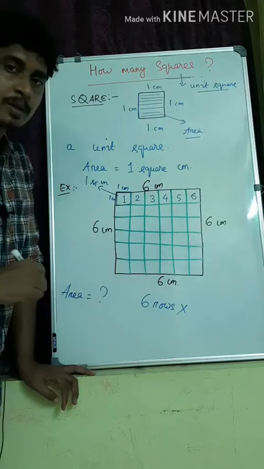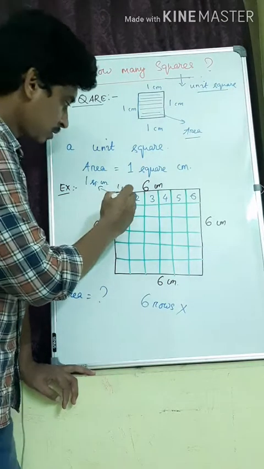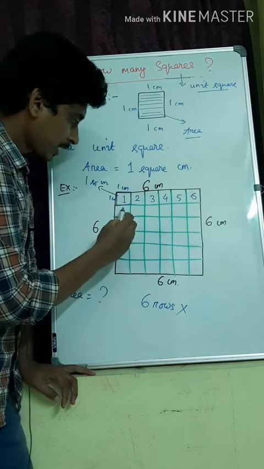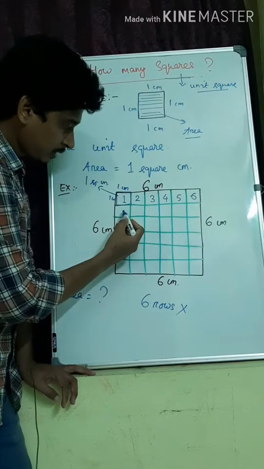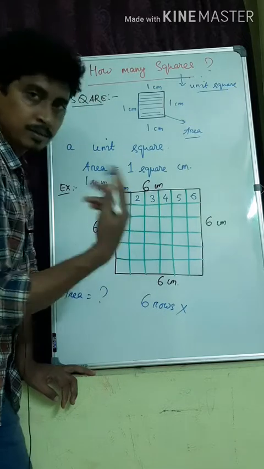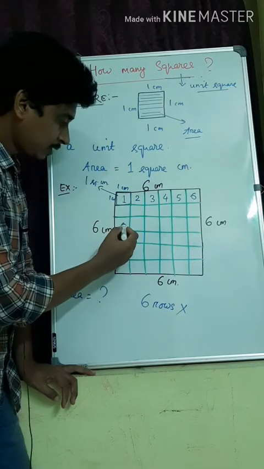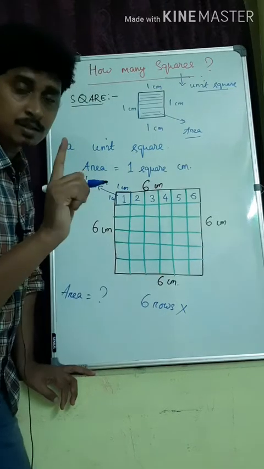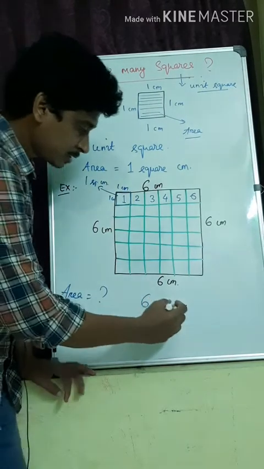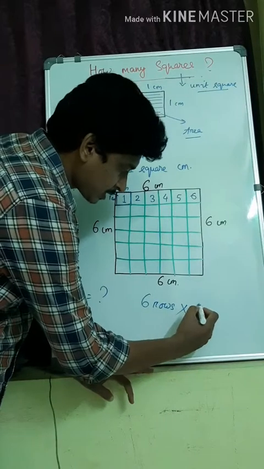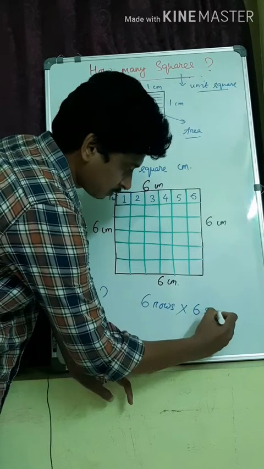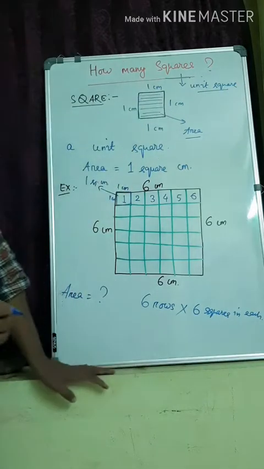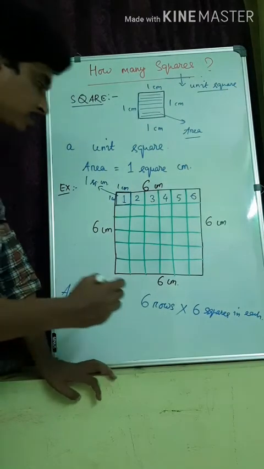And in each row, how many squares? In each row there are 6 squares. 1, 2, 3, 4, 5, 6 in the first row. In the second row again 1, 2, 3, 4, 5, 6. In the third row there are again 1, 2, 3, 4, 5, 6. So in each row you can see there are 6 small squares. So 6 rows and 6 squares in each.